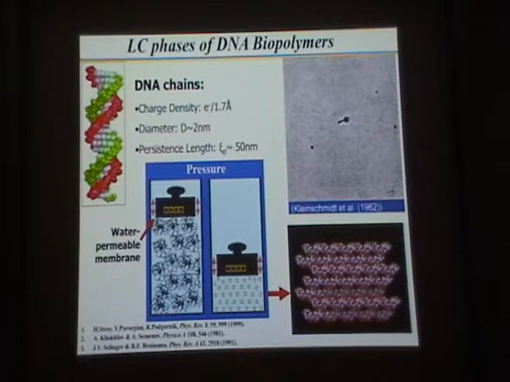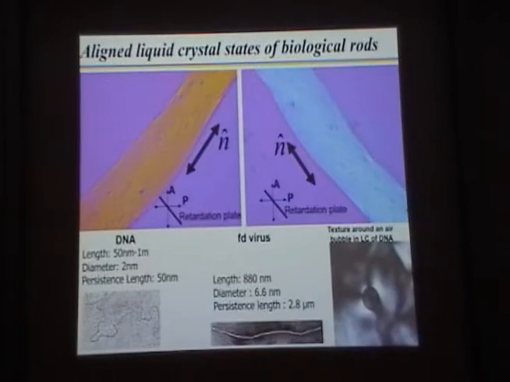But again, as I mentioned before, the most important biological molecule, DNA, as you keep increasing concentration, does form a liquid crystal state of matter, and it can be nematic, cholesteric, or columnar liquid crystal phase.